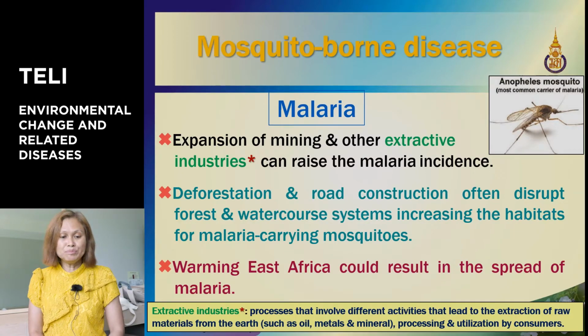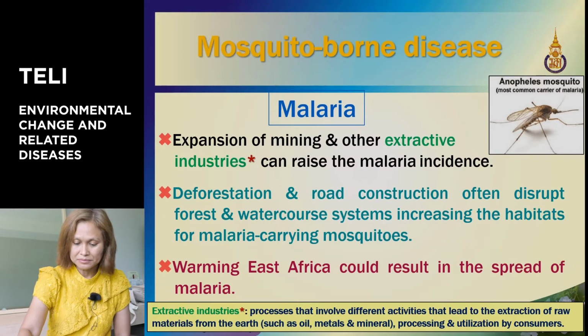The second, deforestation and road building often disrupt forest and river systems, increasing the habitat for malaria-carrying mosquitoes. And the last, warming in Africa could lead to the spread of malaria.